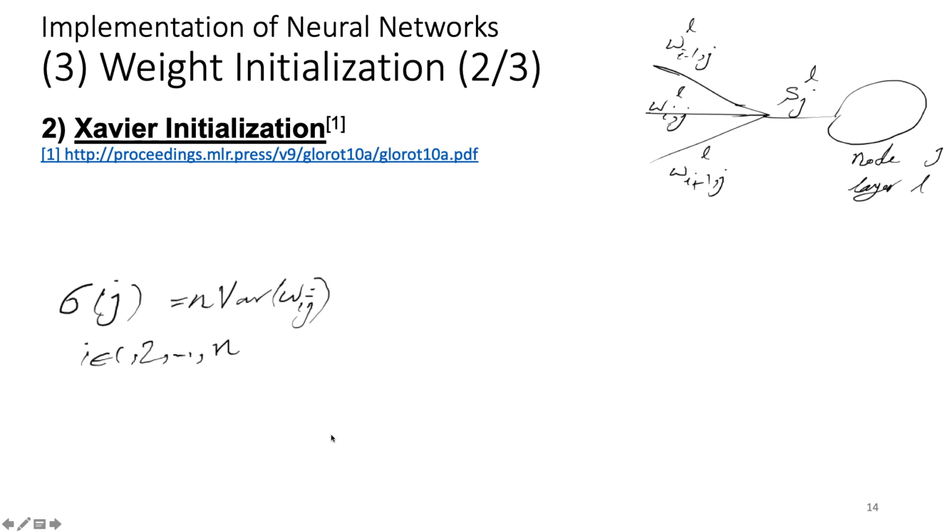And this idea turned out to be very useful in practice. Naturally, you can see that this way of initialization depends on the layer's activation function. In that paper, they were using, I believe, sigmoid as their activation function.